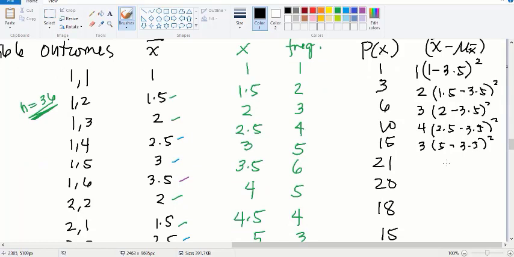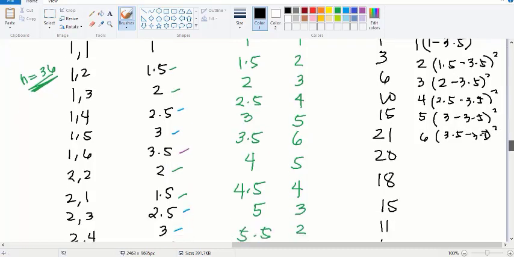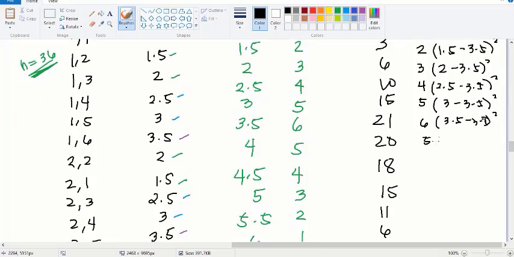Ay, baliktad ako, sorry. Nalito na ako ng konti. 5 pala yung frequency. Okay, 3 minus 3.5 square. Then we have 6, 3.5 minus 3.5. Actually, as you can see, this is quite useless, kasi 0 din naman to. Anyway, so we have 5 ang frequency, 4 minus 3.5 square.